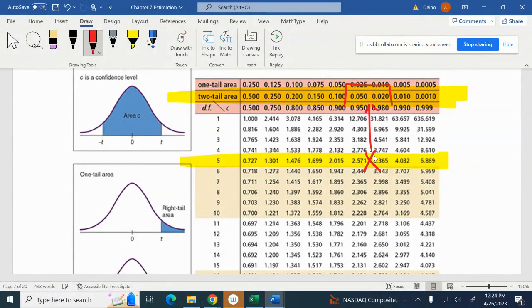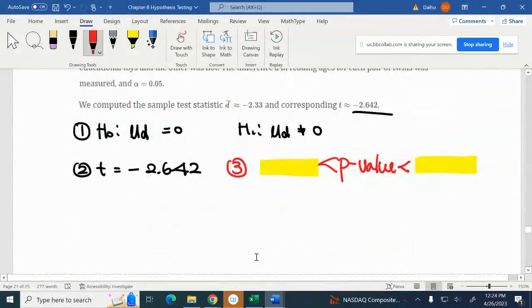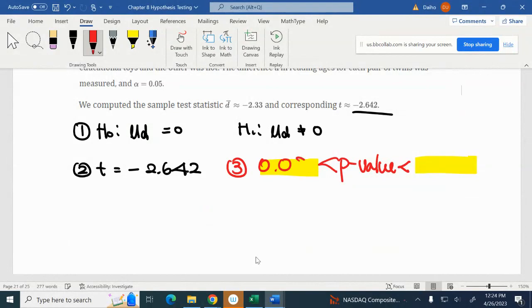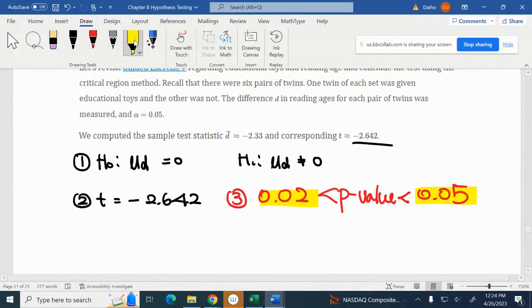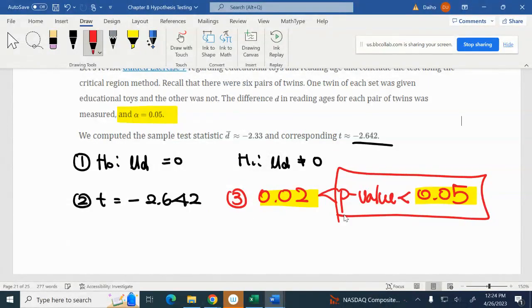Going up, the p-value for the two tail is between 2% and 5%. So I can suggest the p-value from 0.02 less than 0.05. How much was the alpha? 0.05. Thank you. So p-value is less than alpha, 0.05.